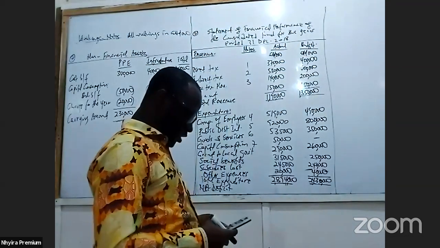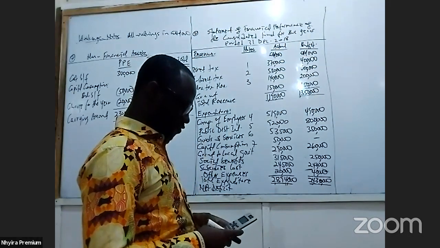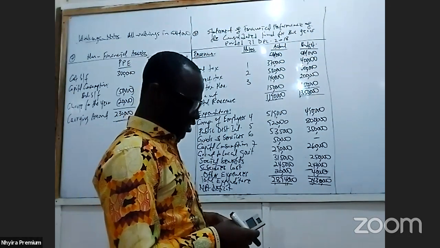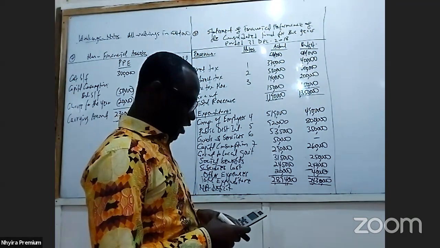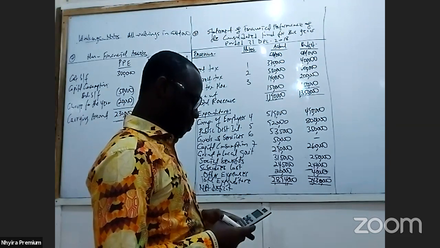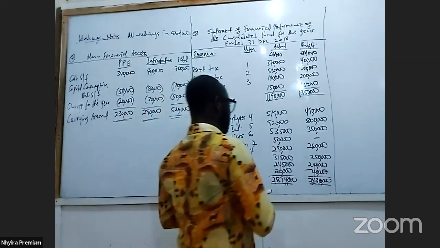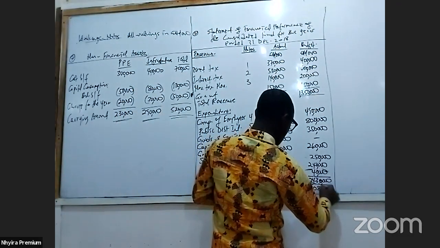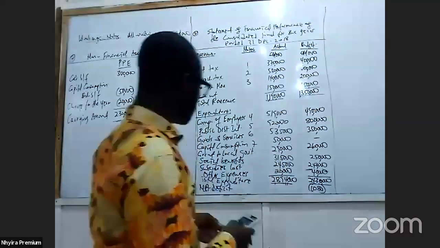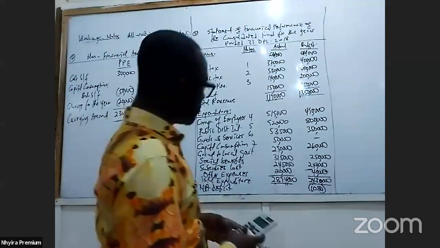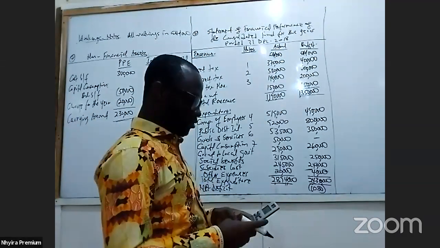So since I have this, let me take it out, 1350. So 2430 minus 1350. That's 1080. That's a deficit, so we put it in brackets. 2894 minus 1190.